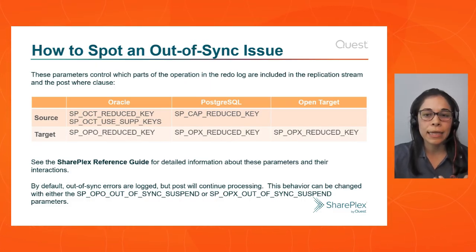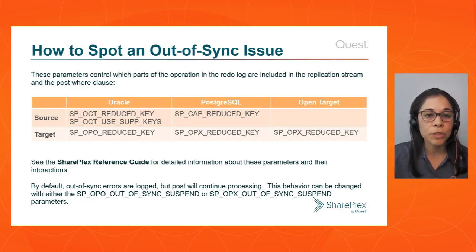Another option is the key values and the before values of the columns that are going to be changed. Also, if you use only the key columns, sometimes it helps you to improve the performance of the post process. So just make sure, if you are going to enable this option, that only SharePlex is the one that is making changes on the target database.